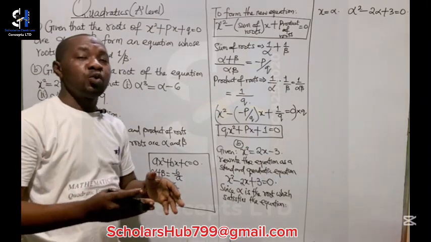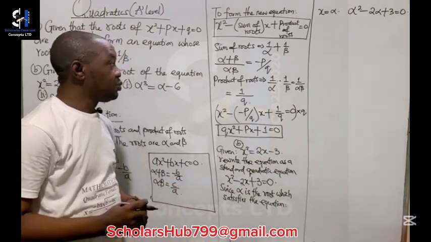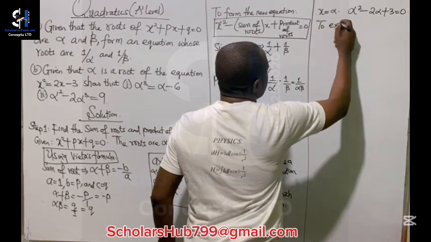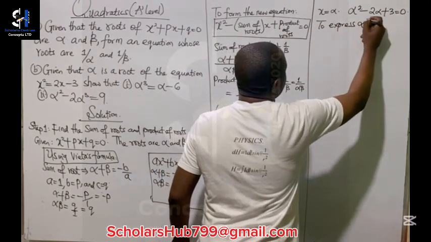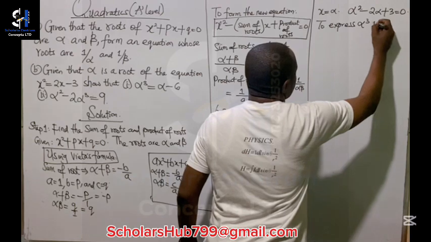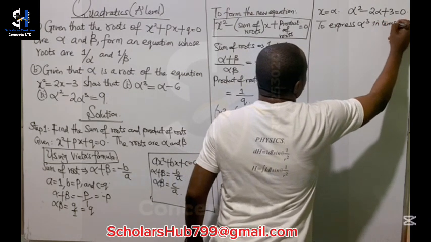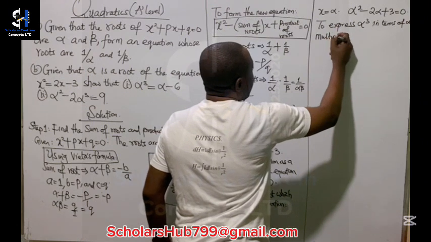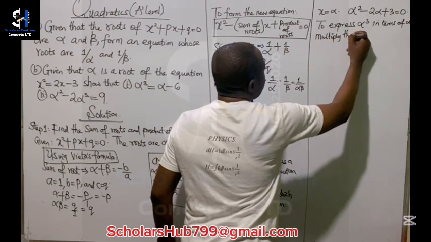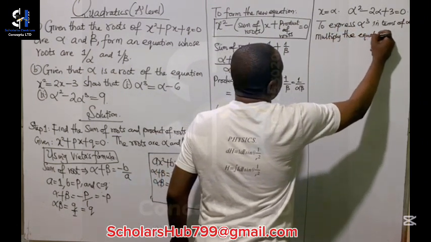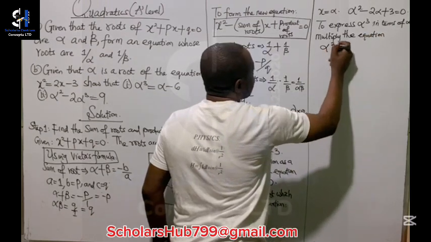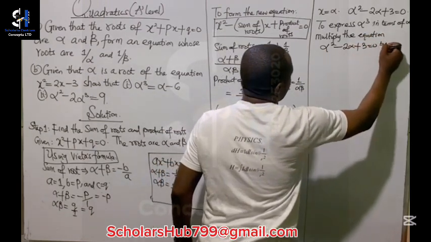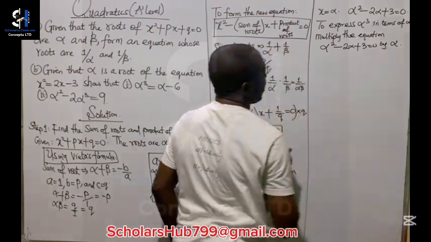So that means we're going to express alpha cubed in terms of alpha. To express alpha cubed, multiply the equation alpha squared minus 2 alpha plus 3 equals 0 by alpha.